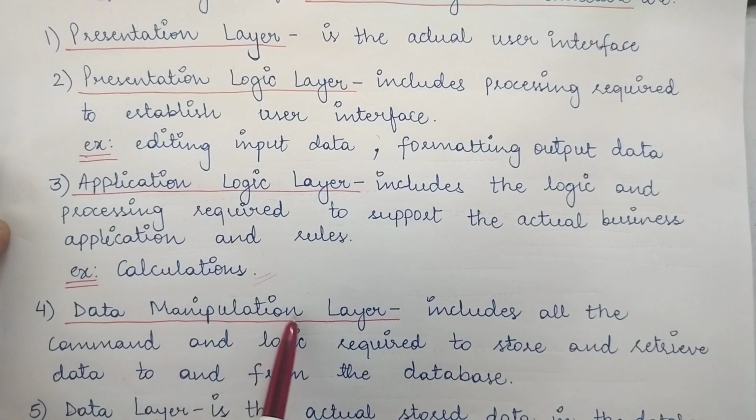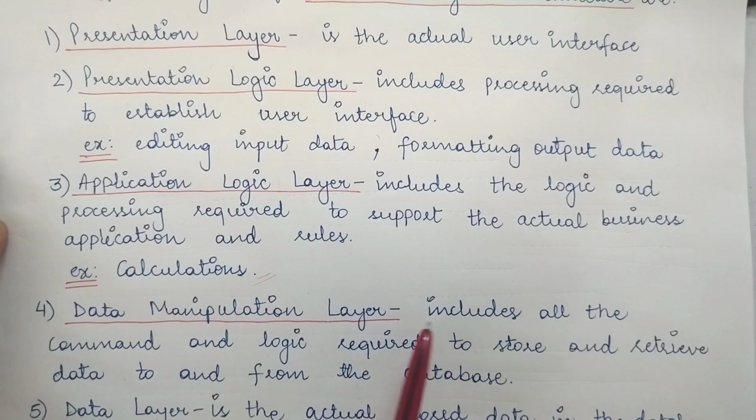Next is your data manipulation layer. The fourth layer is the data manipulation layer. The data manipulation layer includes all the commands and logic required to store and retrieve data to and from the database. Once the data has been processed and converted into information, it needs to be stored somewhere so that it can be accessed from that place.